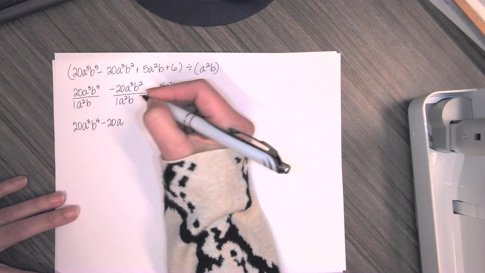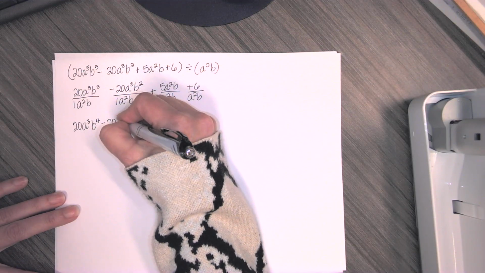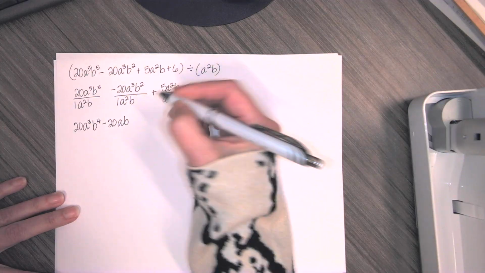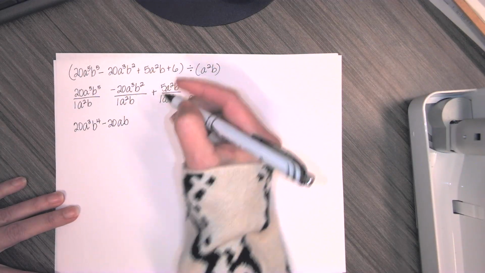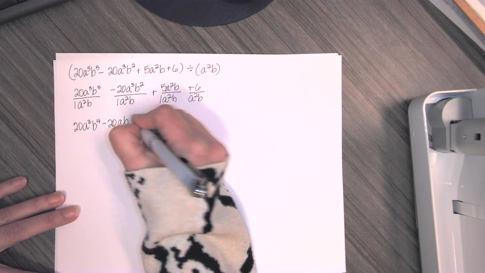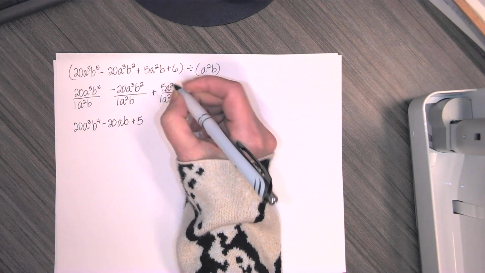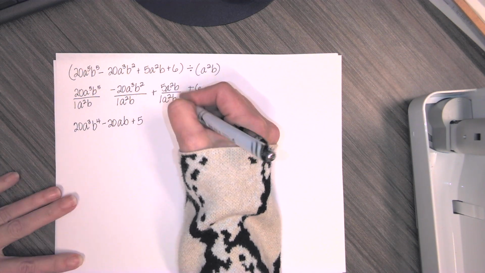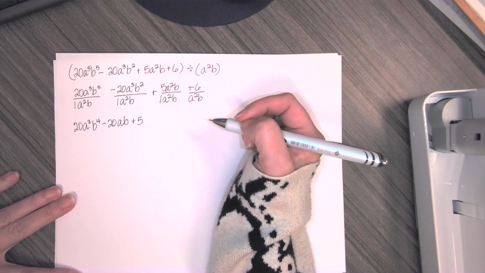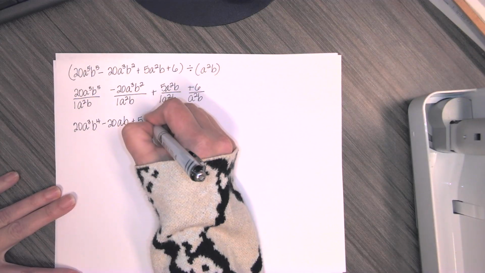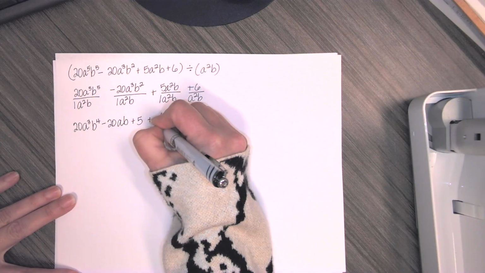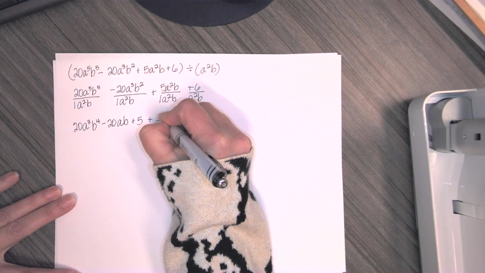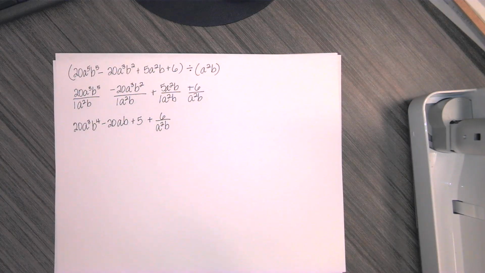Subtract your exponents for your a's, subtract your exponents for your b's. Understood 1. 5 divided by 1 is 5. Subtract your exponents for your a's, that'd be 0, so there's no more a's. B's, that'd be 0, there's no more b's. And then on the last term, we're just going to leave it as is, 6 over a squared b, and that will be our final answer.